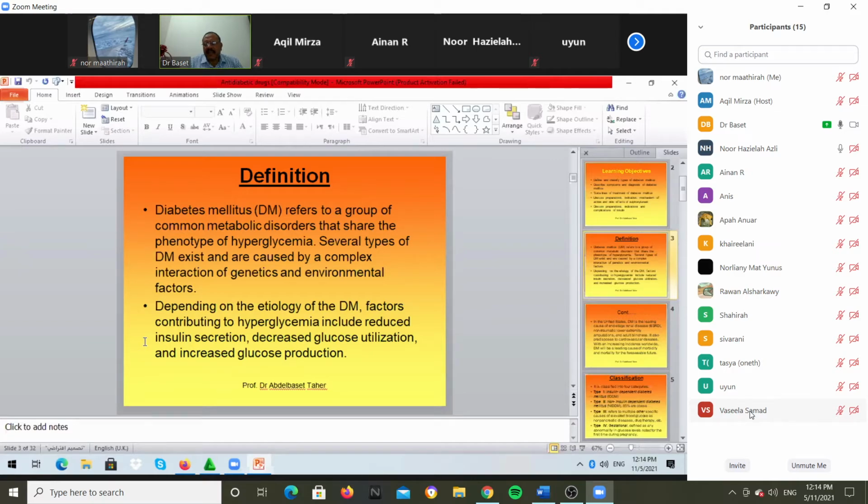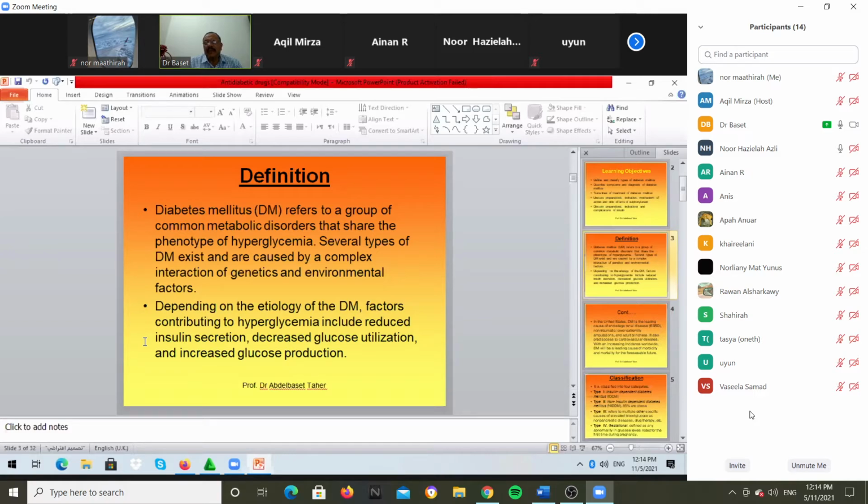That is to say, there is a big amount of glucose in the blood, but the tissues cannot take a good amount, so there is still hyperglycemia without good glucose utilization by tissues. Glucose cannot enter the cells easily. And also there may be increased glucose production, gluconeogenesis.